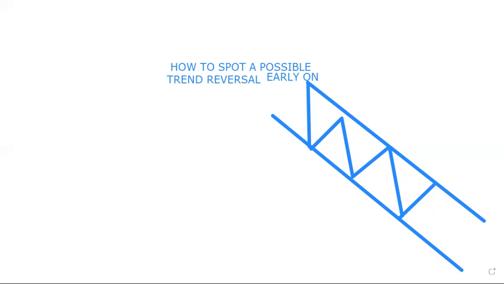Number 3. The candles of the impulsive move, that is the sell candles, start getting shorter.